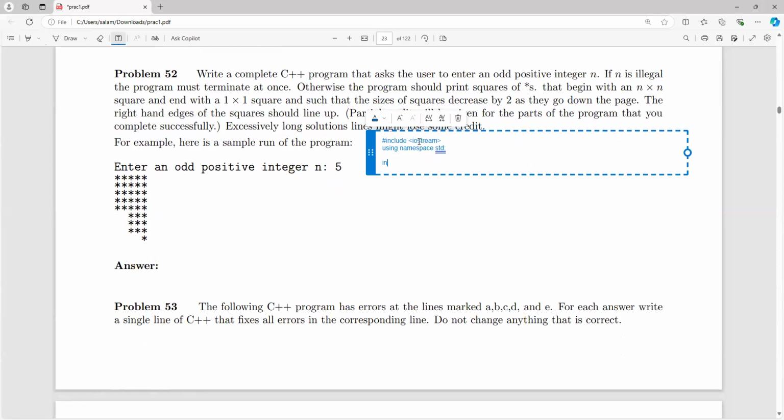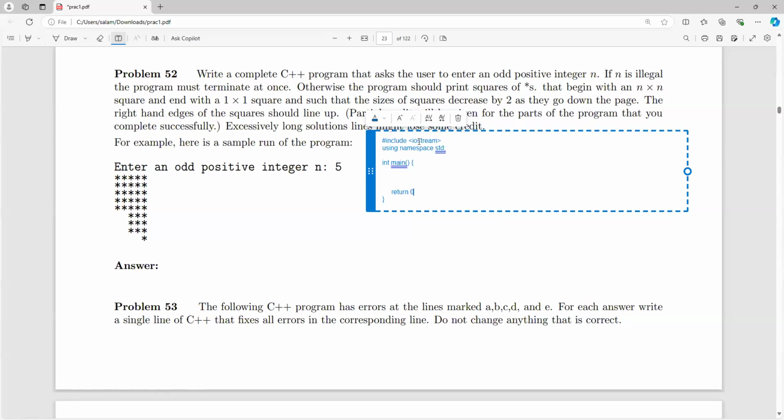Using namespace std; int main. Return 0. So first we want to print, okay. Int n, sure. Cout, enter an odd positive integer n.